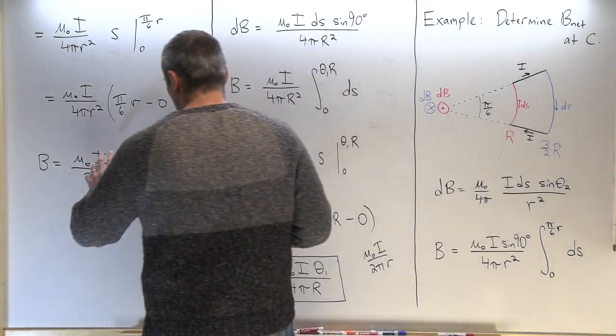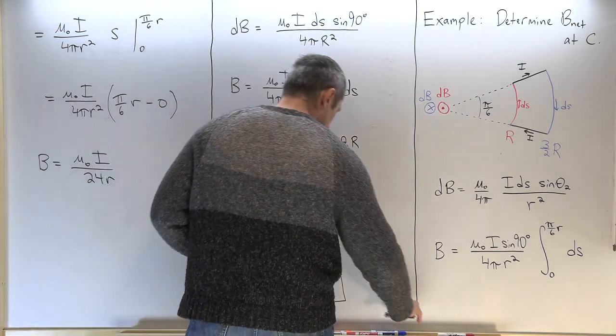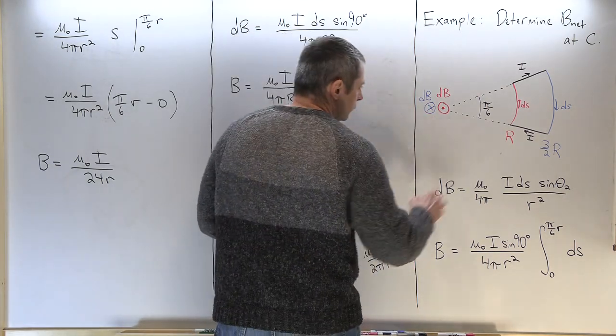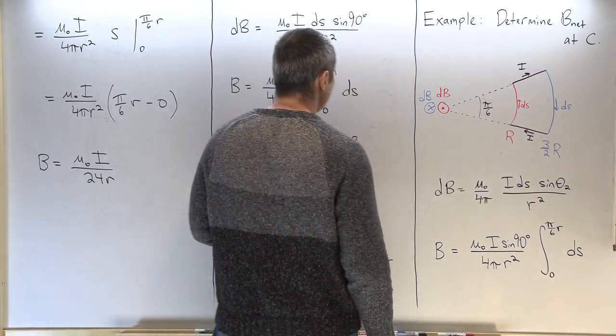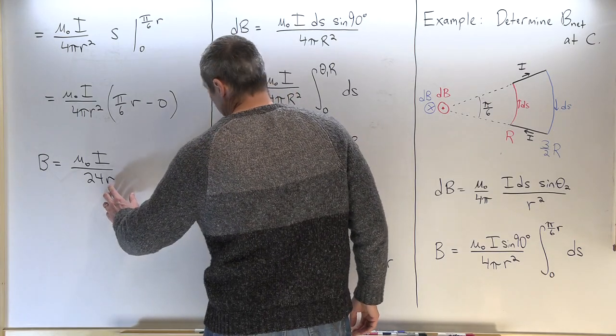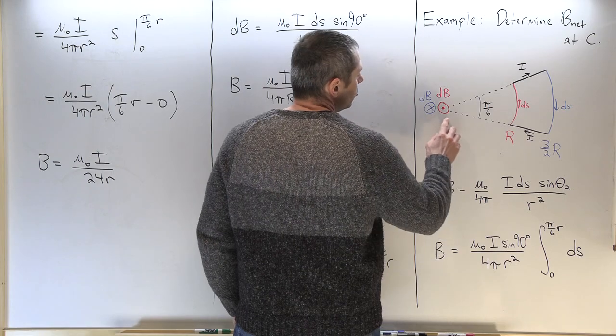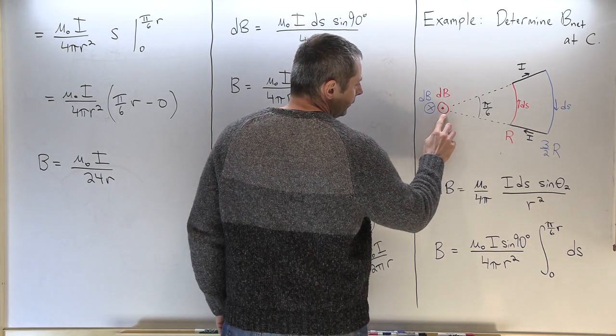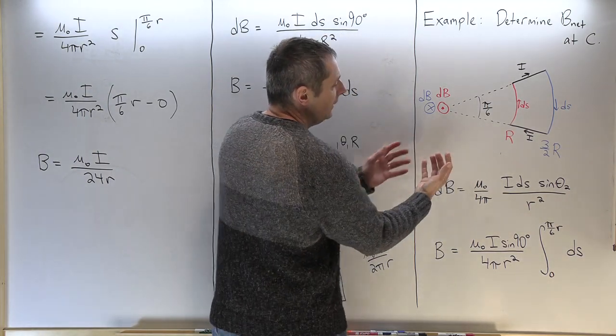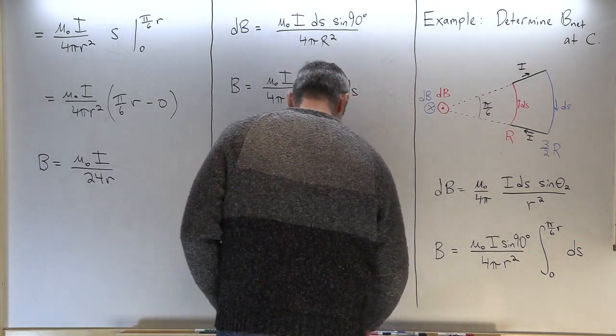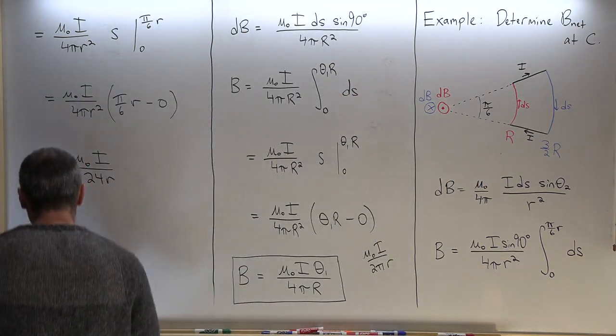Again, that's for a 30-degree angle, an arc. But we've got two arcs, one of radius r, one of radius 3/2 r. So this one is a smaller magnetic field because it's at a larger radius. So really I should do this magnetic field minus that one to find the net magnetic field out of the board for B net. So that's what I'll do.